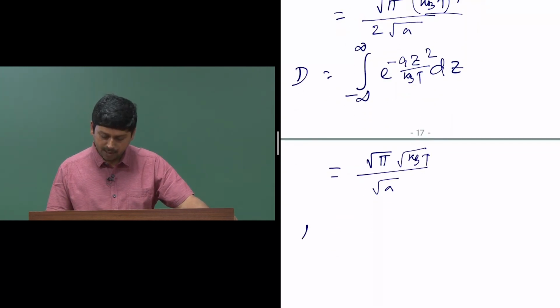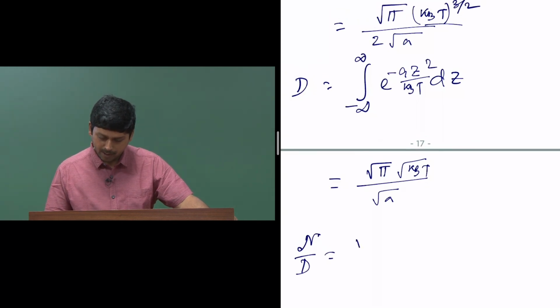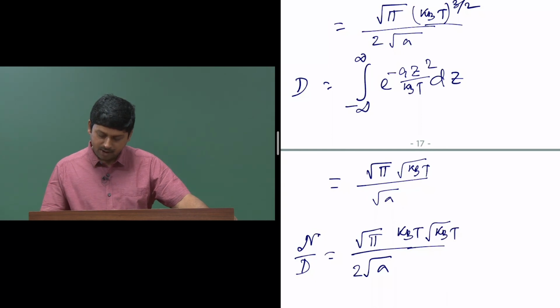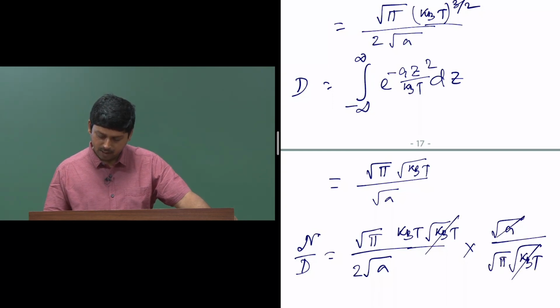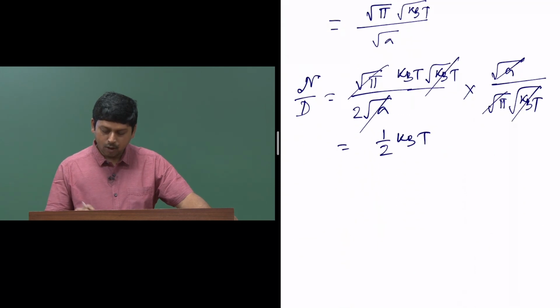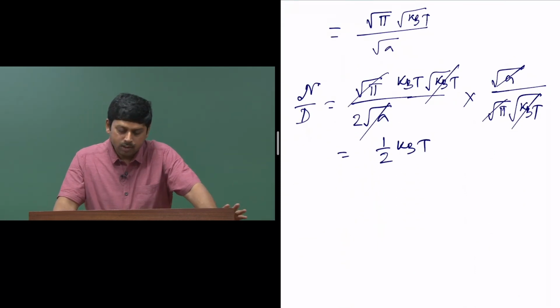So now the numerator divided by the denominator will become root pi by 2 into root a and kBT and root of kBT divided by the denominator. So root a will go, and root pi and root kBT will be here. So kBT and kBT cancel, root a cancels, root pi and root pi cancel, giving us half kBT. So you see, the first part is done.